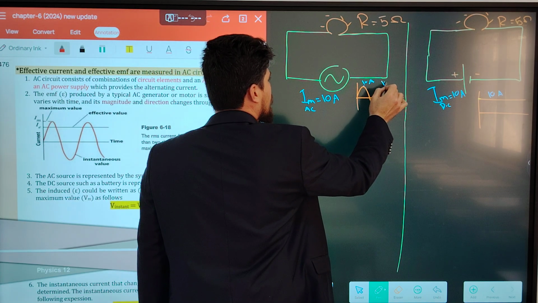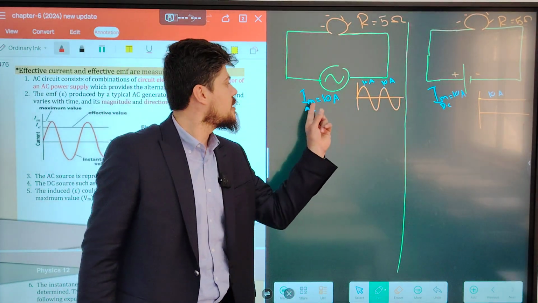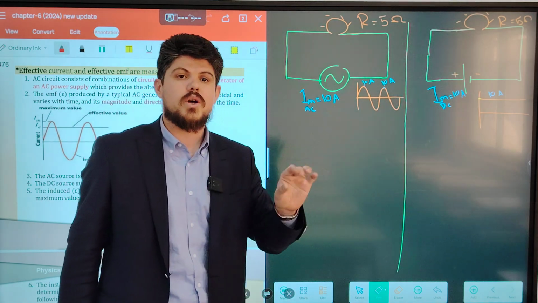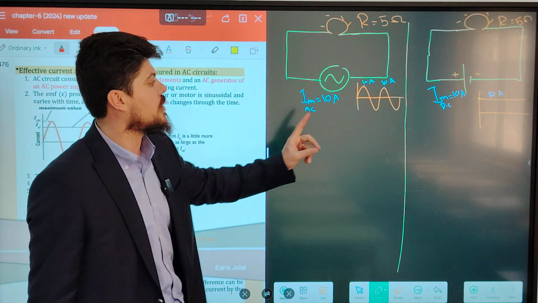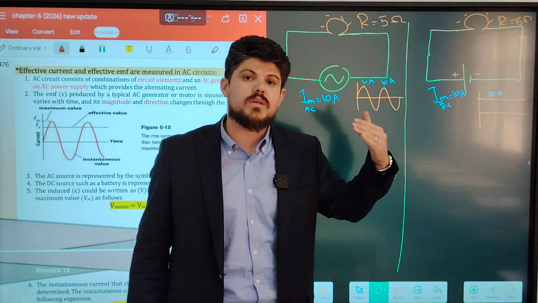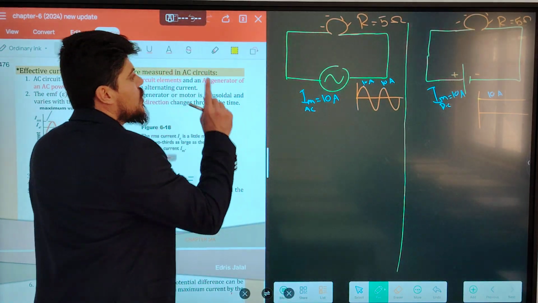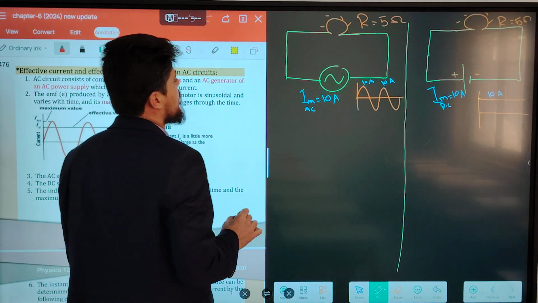Only at one instant, at the peak, does the maximum current in AC reach 10 ampere. But in DC, the current is continuously 10 ampere all the time. It doesn't change, doesn't decrease.